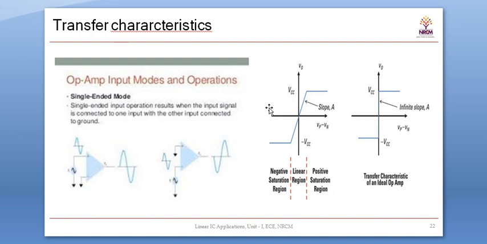AD is the open loop voltage gain, which is 2 into 10 to the power 5. If you apply supply voltages of plus 15 volt and minus 15 volt, then your output voltage will not go above 15 volt. This is a law of physics: the amplified output voltage will not exceed the DC supply voltage, otherwise it would violate the law of physics.